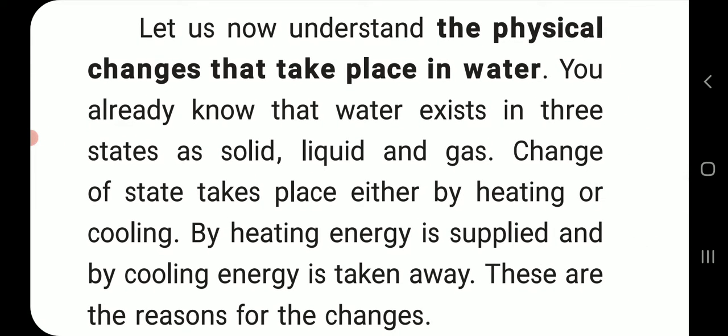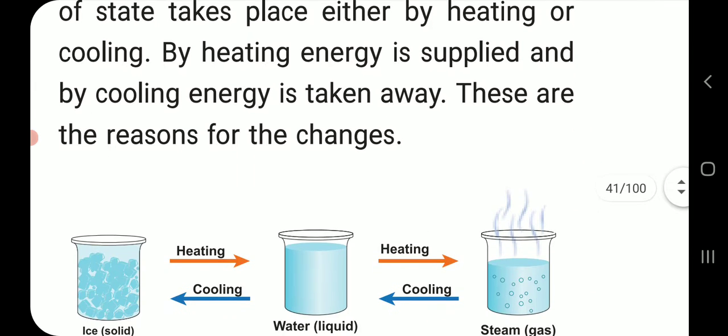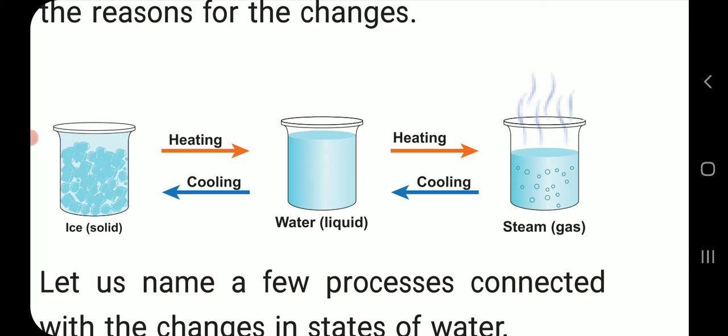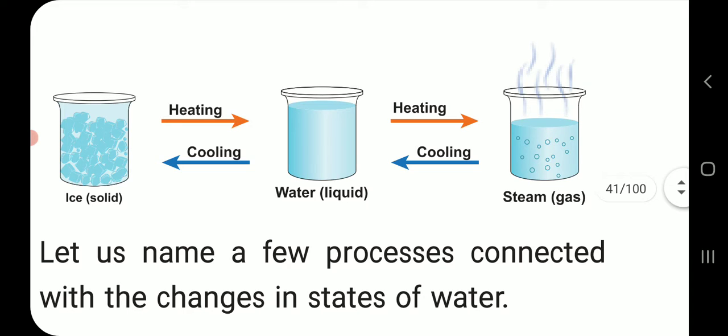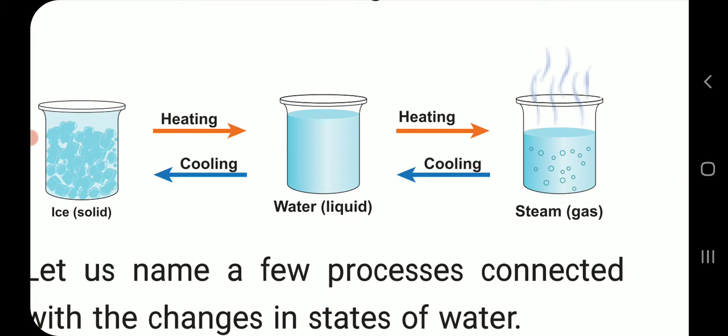Another type is the physical and the chemical change. Physical change: have you seen ice, water, and vapor? See, this is the very best example for a physical change. Steam on cooling will become water, and water brought to a freezing temperature will become ice.